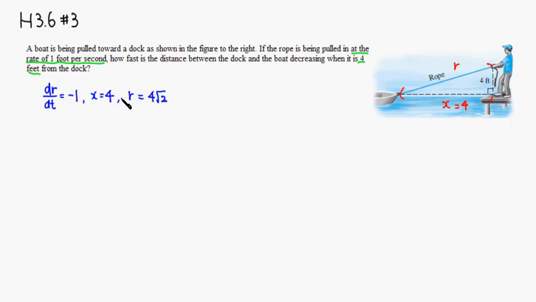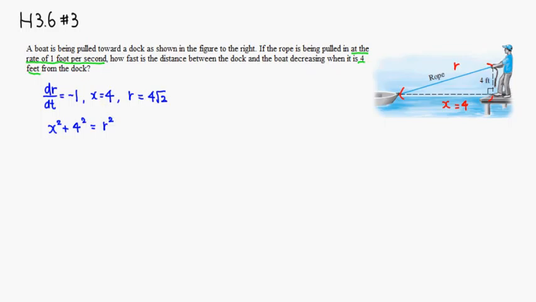Those are given, and the Pythagorean theorem gives us this: x squared plus 4 squared equals r squared.